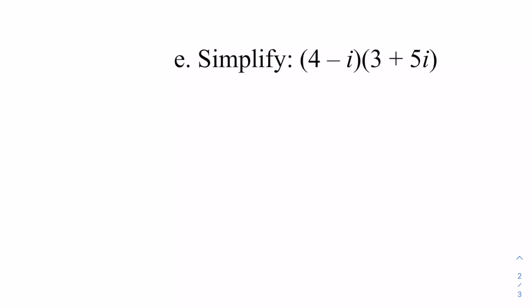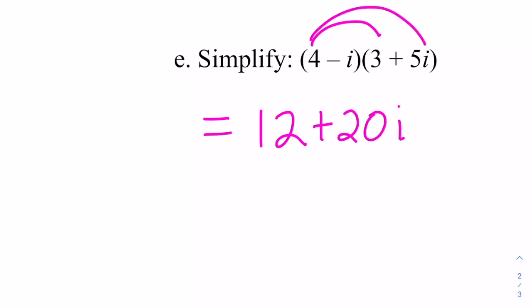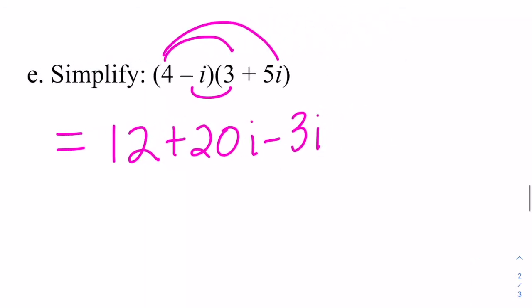When we multiply, we're going to FOIL because it is almost like a binomial. So I'll have 4 times 3, which is 12, 4 times 5i, which is 20i, -3i, and then -5i squared.